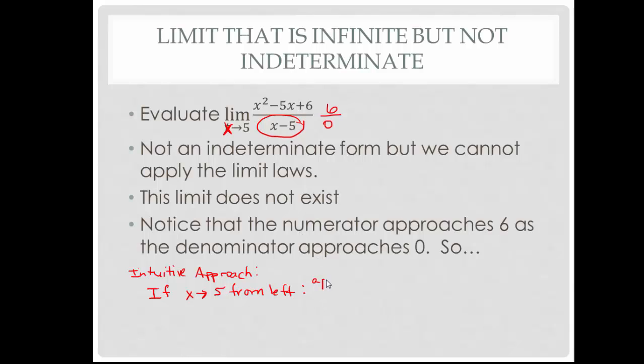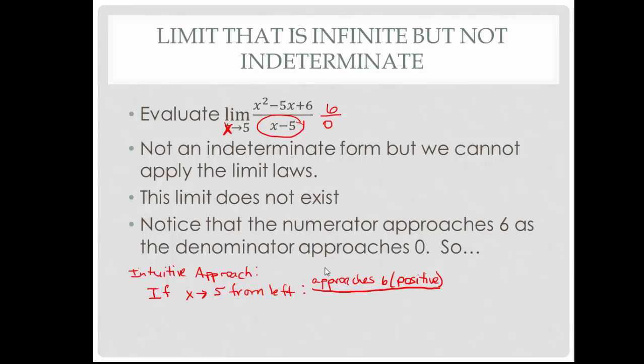You're approaching 6, which is a positive number. I'm going to fudge the notation a little bit on this. Approaches 6, and the important thing to keep in mind is that 6 is a positive number. Your denominator, if you're approaching 5, should be approaching 0.